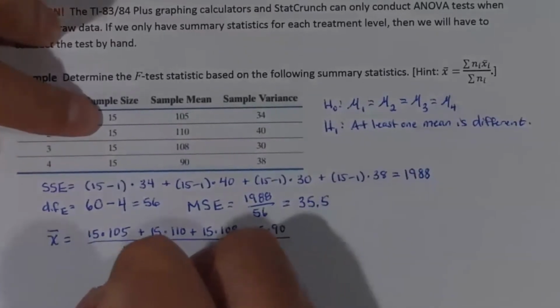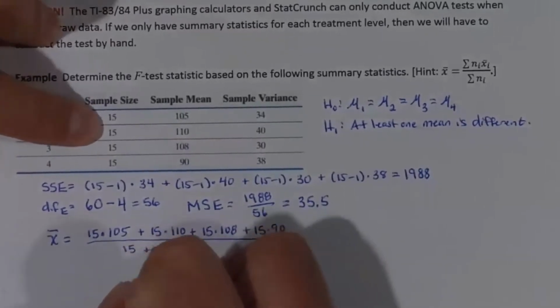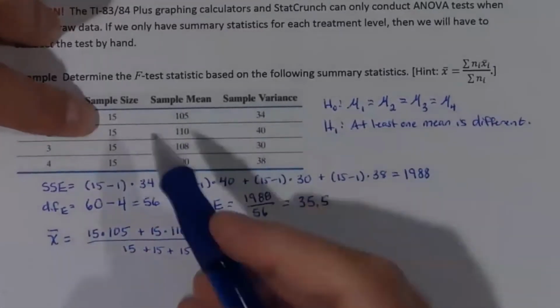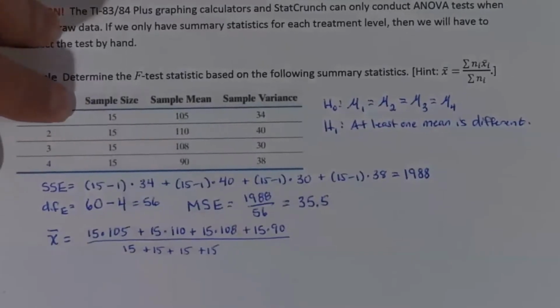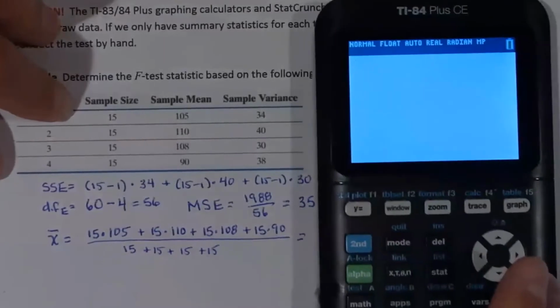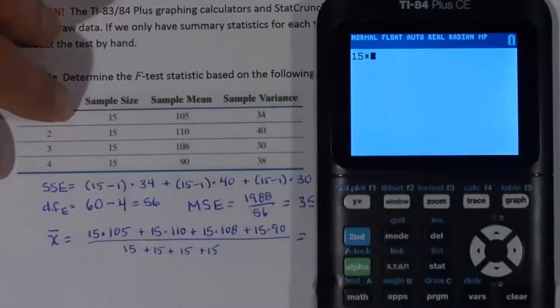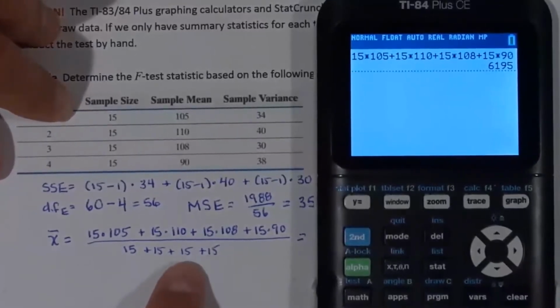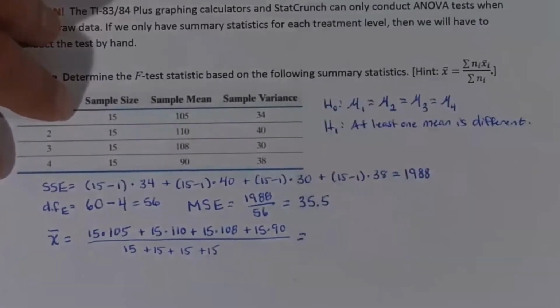So in other words, I'm going to add up the 15 plus 15 plus 15 plus 15. So I'm going to add up all of the sample sizes. Now, if I do that, 15 times 105 plus 15 times 110 plus 15 times 108 plus 15 times 90, that adds up to 6,195. And 15 plus 15 plus 15 plus 15 will be 60.